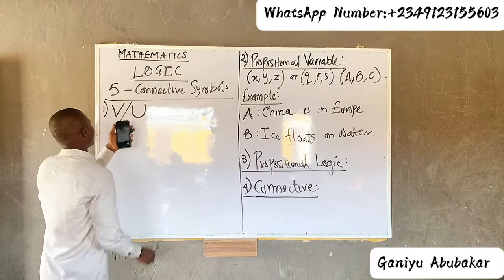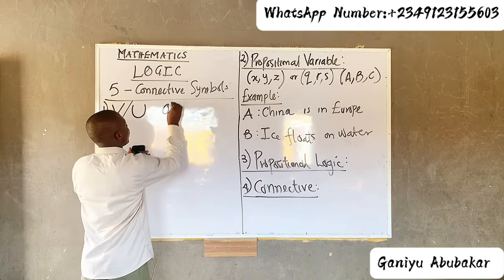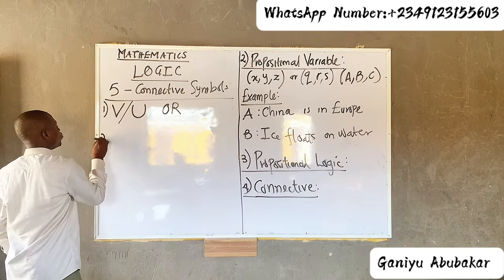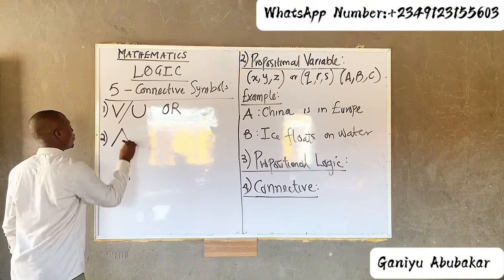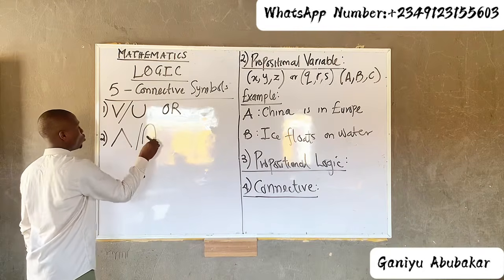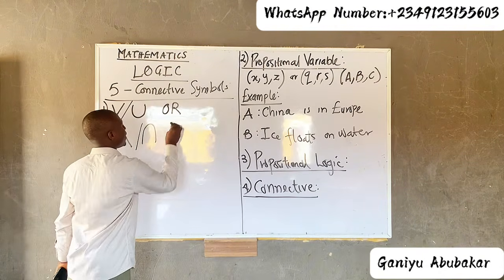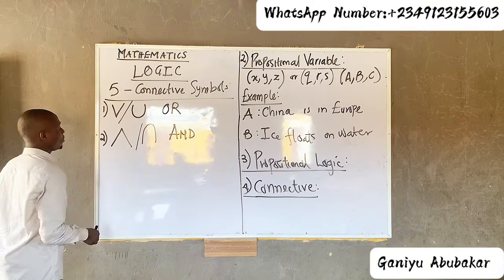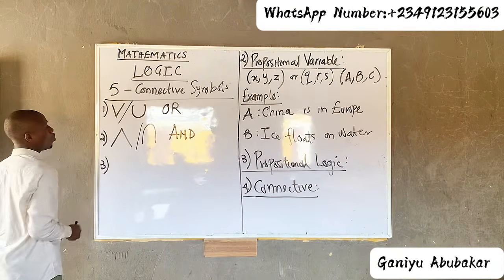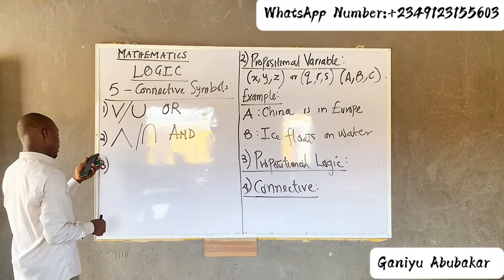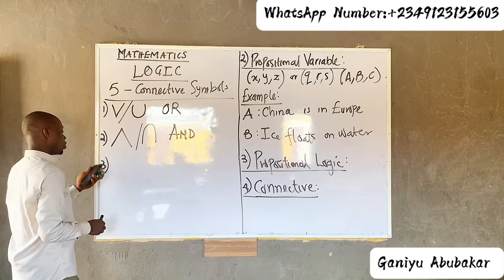This symbol means or. Number 2, I have something that looks like an A, or you can use something of this nature. This one signifies and. And as you can see, the third one is called negation.